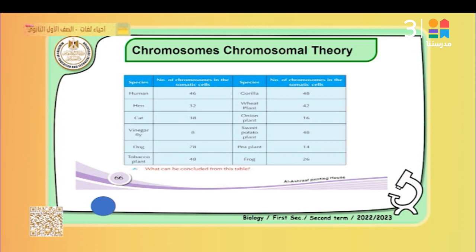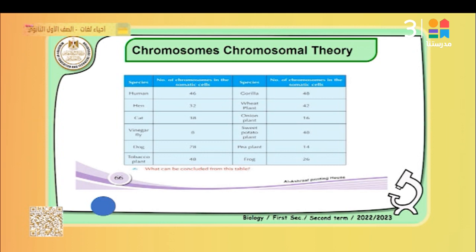Cat, 38 chromosomes. Onion plant, 16 chromosomes. Okay. Fruit fly, 8 chromosomes. Sweet potato plant, 48 chromosomes. Dog, 78 chromosomes. Pea plant, 14 chromosomes. Tobacco plant, 48 chromosomes. Frog, 26 chromosomes.